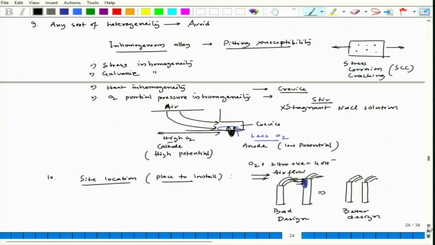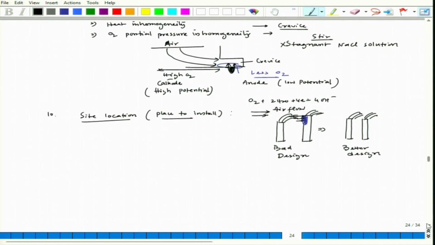Similarly, let us say a sea site, okay, and airflow. If there is airflow as well as something close to the sea site, we should not keep storing materials or instruments which are getting access to the sea water.